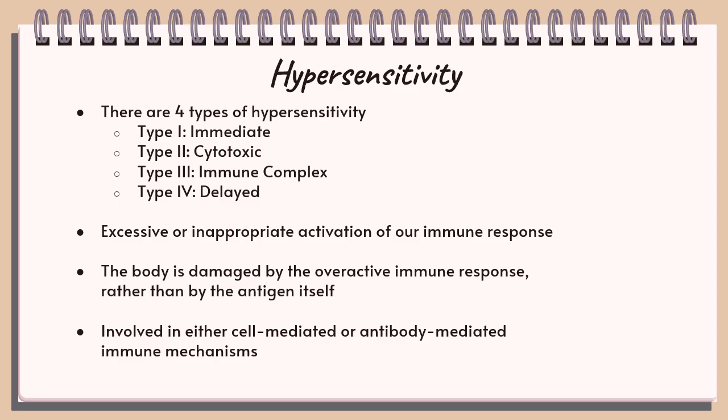So the body is damaged by the overactive immune response rather than the antigen itself. The body is being more damaged from itself than it is from the bad thing happening. It's either cell-mediated or antibody-mediated immune mechanisms that are happening, but regardless, we need to know what type it is and we need to try to stop it or delay it if we can. All 4 types of these can be very hurtful to the body itself.